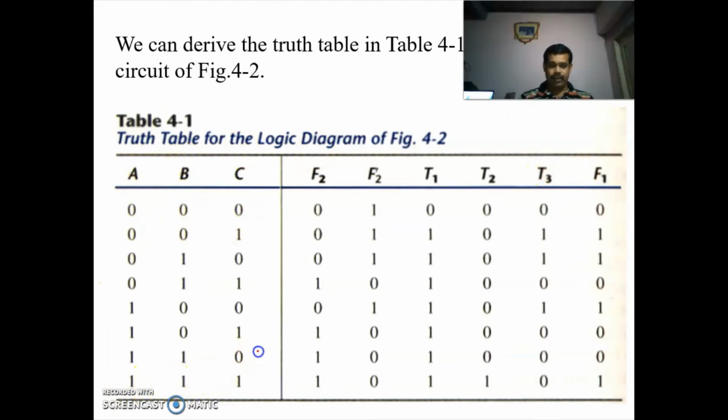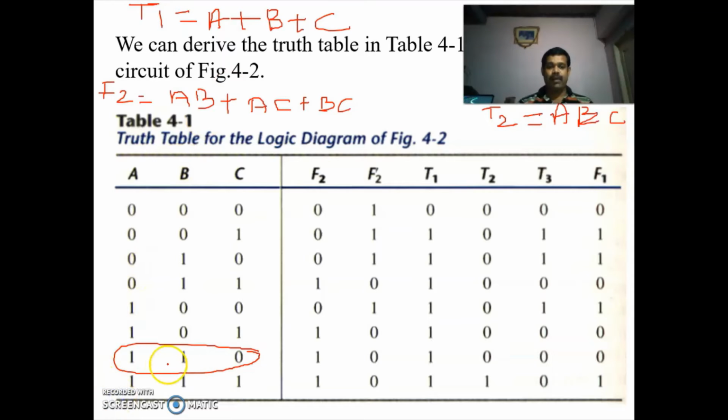Now we are going to take the value 1, 1, 0 and find the outputs. The expression for F2 is AB plus AC plus BC. Here the value of A is 1, the value of B is 1, and the value of C is 0.